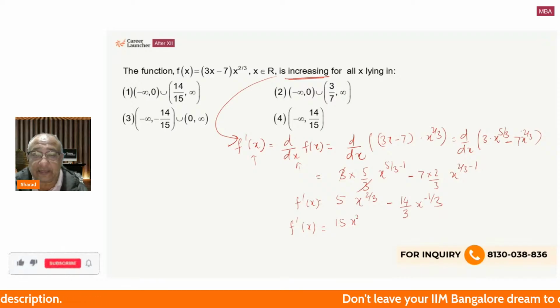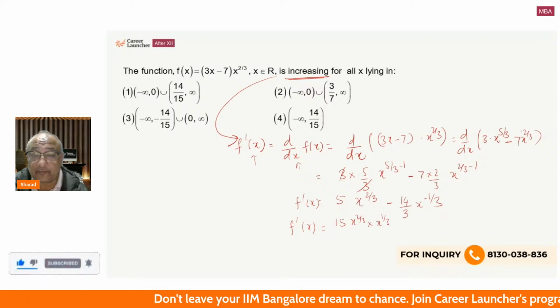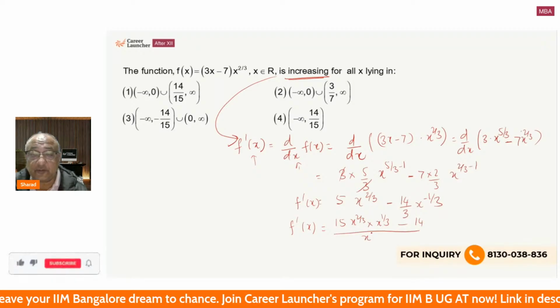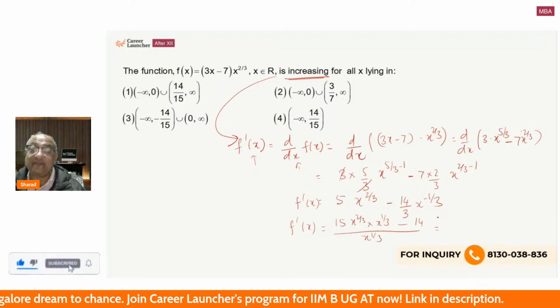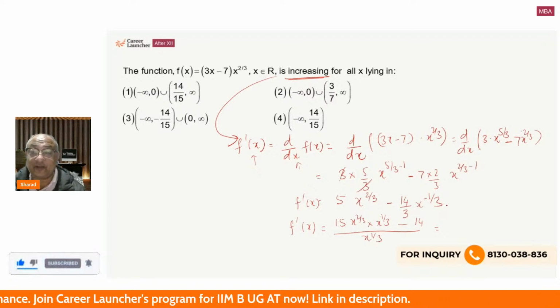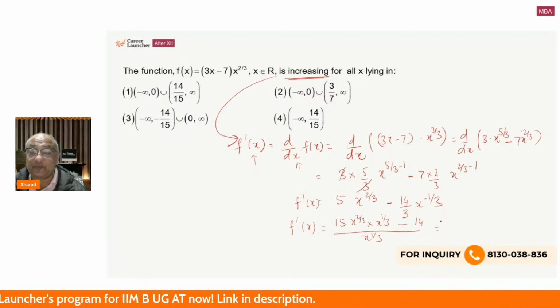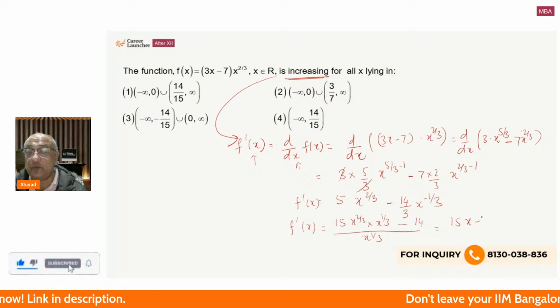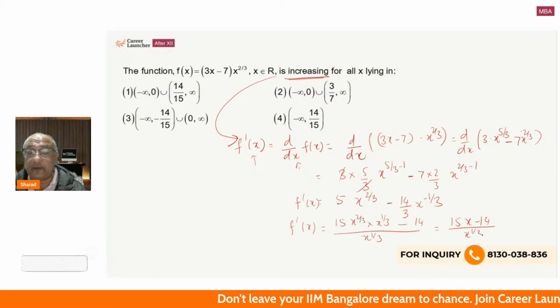15 x raised to the power 2 by 3 into x raised to the power 1 by 3 minus 14 upon x raised to the power 1 by 3. I have solved it. X raised to the power minus 1 by 3 I have written as 1 upon x raised to the power 1 by 3, and taken the LCM. Right, kids? So this will become 15x minus 14 upon x raised to the power 1 by 3.